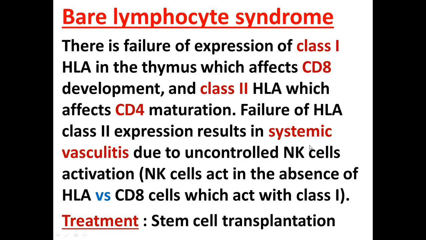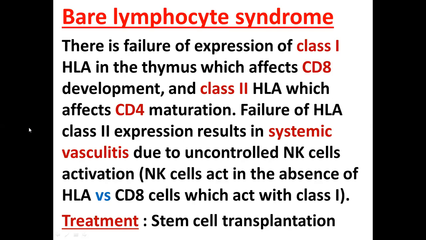This is due to uncontrolled NK cell activation. NK cells act in the absence of HLA instead of CD8 cells. It means when CD8 is absent from the action, the NK cell compensates and vasculitis occurs. Treatment is stem cell transplantation.